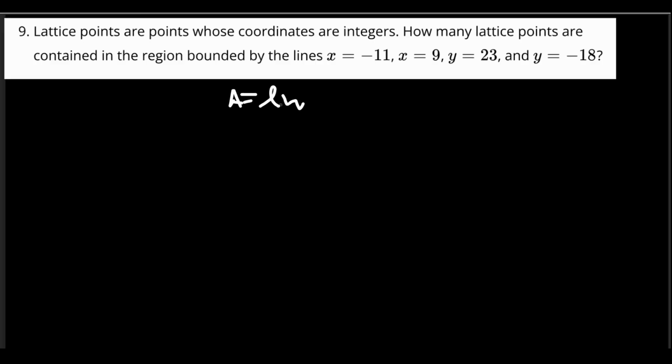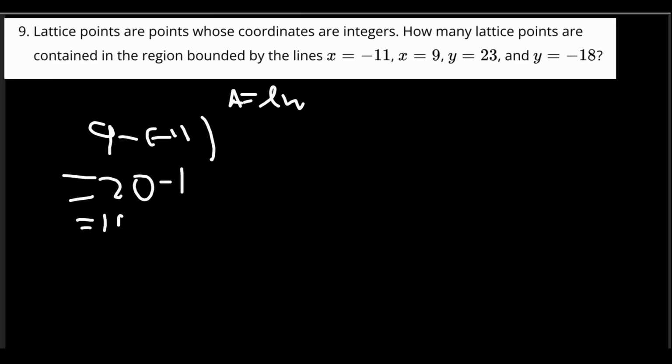And so we can use the two x values, 9 and -11, and we're gonna find the difference between them. So we have 9 minus -11, and that is equal to 20. But we're gonna have to take away an extra 1, leaving us with 19.